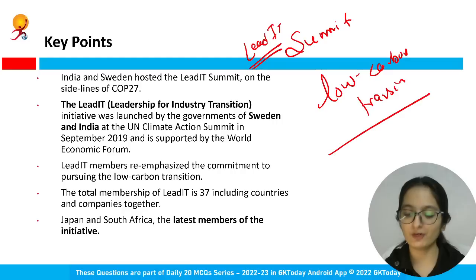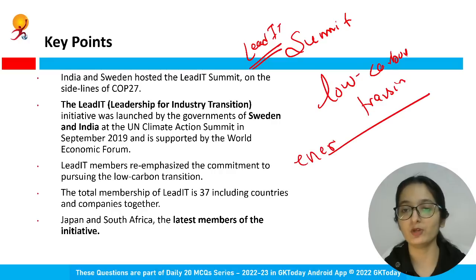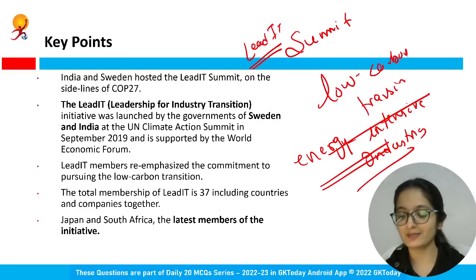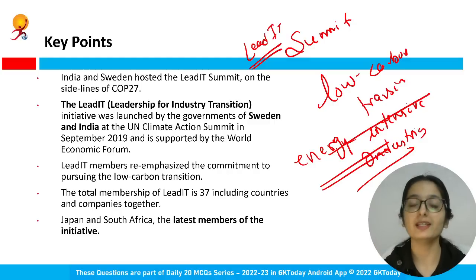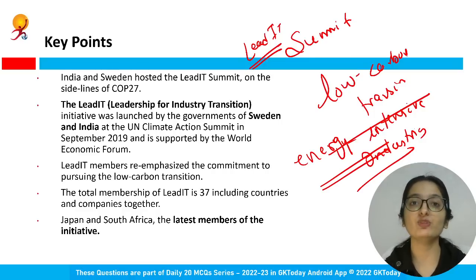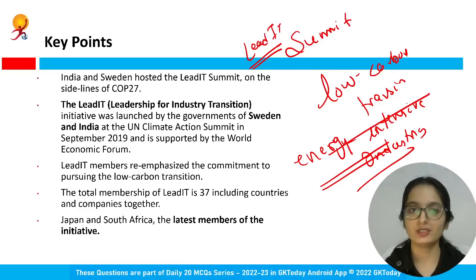So there are several co-benefits also, but here the main agenda is that these energy intensive industries, this is very important, energy intensive industries, must progress in this field on low carbon, right? Your aim should be net zero carbon emissions, right? So this is lead IT summit. Full form is Leadership for Industry Transition, right?